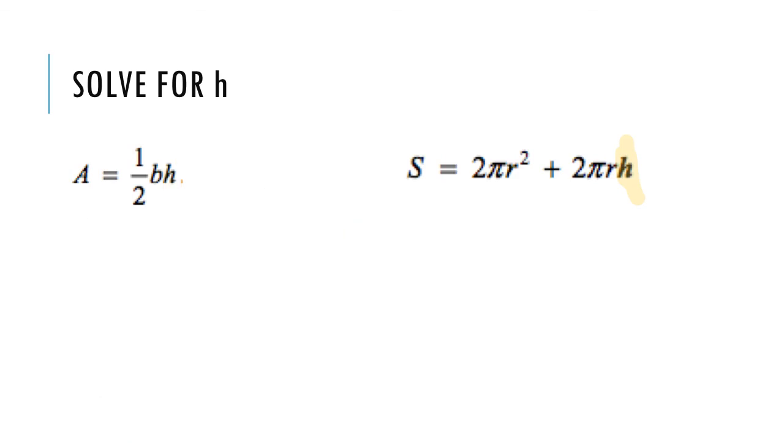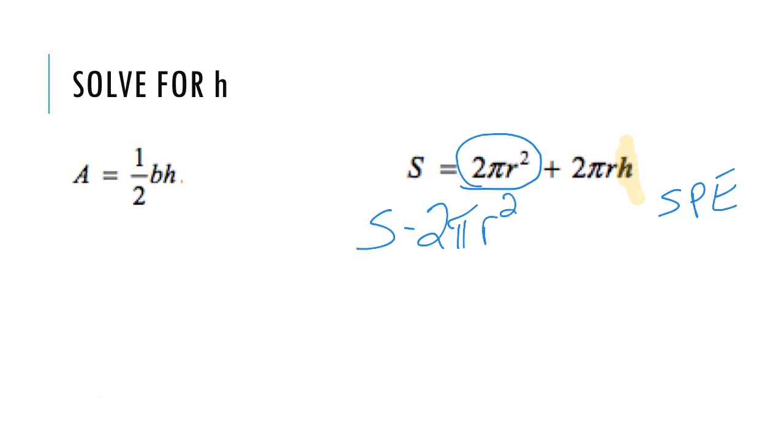So the first thing we do here is I want to move this term to the other side. I'm moving an entire term, so I'm just going to subtract it. So I'm going to SPE. So I'll have S minus 2 pi r squared equals 2 pi r h. All I had to do was subtract this.